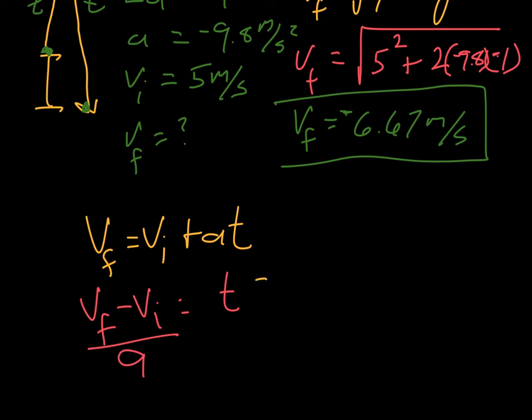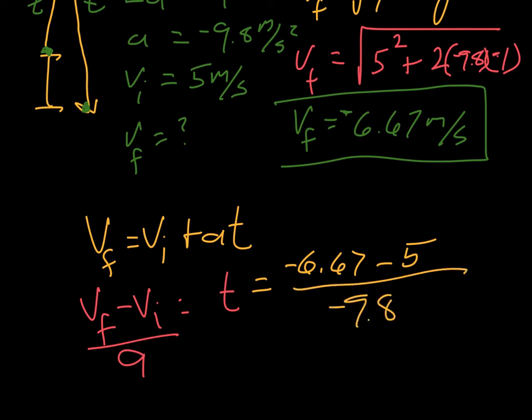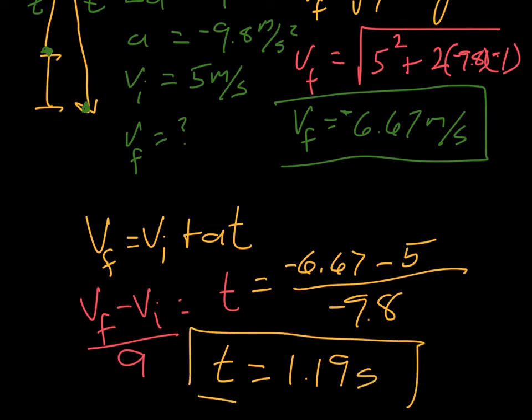So now if we plug in our numbers, our final velocity that we just found was negative 6.67, and I'm going to subtract a positive 5. That's going to give you a negative 11.67. And then I'm going to divide by a negative 9.8, and that gives you a time of 1.19 seconds. So that's number 5, A and B. That is the last question, and hopefully that helps you.